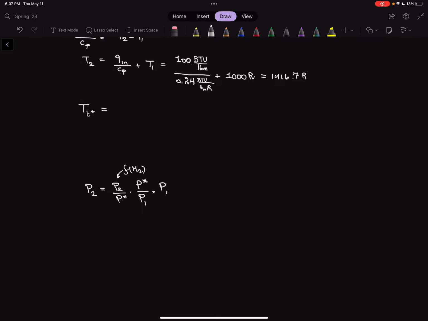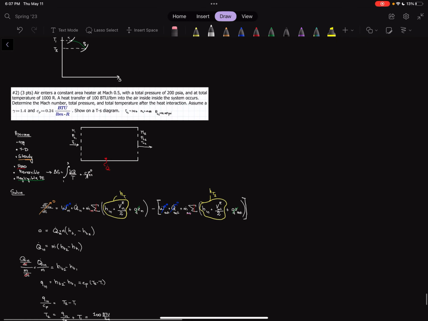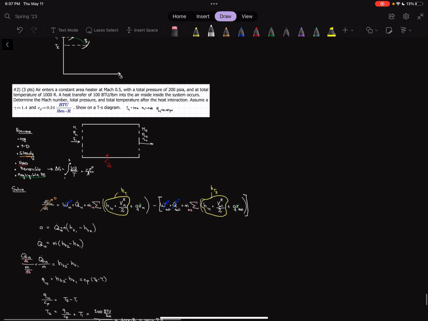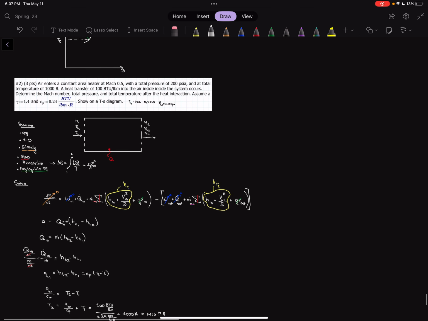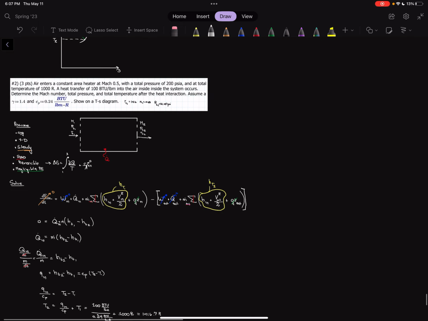And so what is this going to be? Well, this is going to be TT star over TT1 times TT1. And they gave us TT1. They told us that TT1 is, what is it? 200 psi.